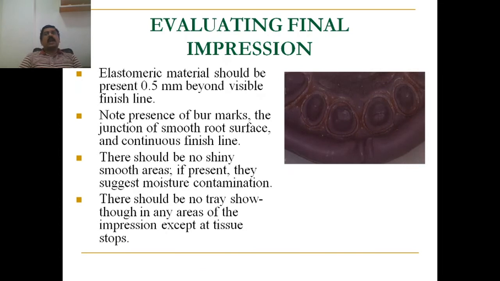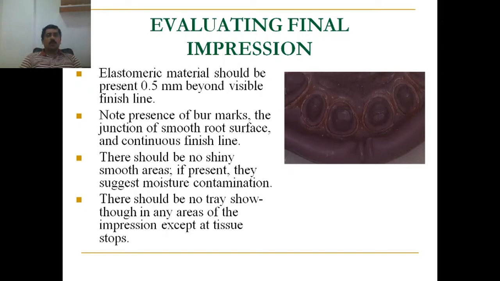Next step is evaluating the final impression. So what all things we will see for the evaluation of the final impression. The elastomeric material should be present 0.5 mm beyond the visible finish line. Note for the presence of burr marks, junction of smooth root surface and continuous finish line. There should not be any shiny smooth areas because if present they suggest moisture contamination.